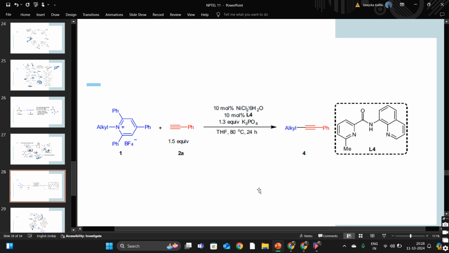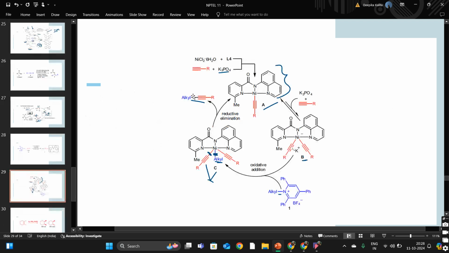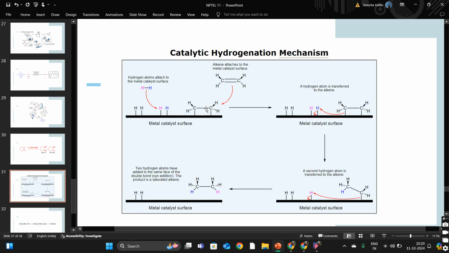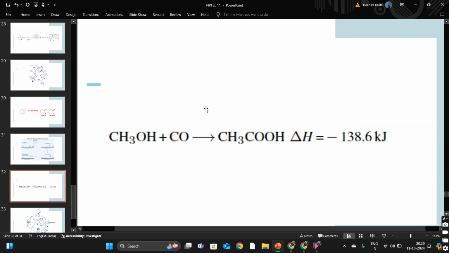And then another coupling reaction we studied between alkyne and alkyl pyridinium salt in presence of nickel catalyst, where we saw that at the end the alkyl fragment from the alkyl pyridinium is linking to the alkyne. Then we talked about Adams catalyst and its mechanism, how it always prefers to form cis hydrogenation product. And at the end, we discussed the industrial synthesis of acetic acid via carbonylation of methanol.